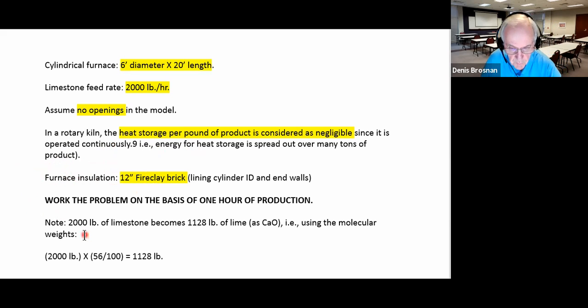Another reminder that 2,000 pounds of limestone becomes 1,128 pounds of lime when we calcine it. Now, there are a lot of issues that we're ignoring, like dust being lost through the draft, going up to maybe some dust collection device. We're just going to assume 100% of the product falls into the cooler.